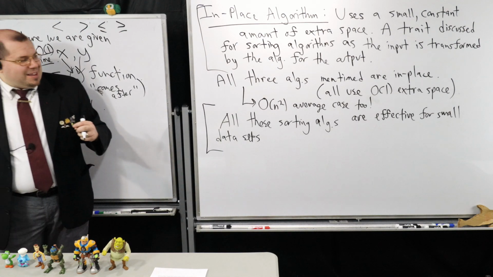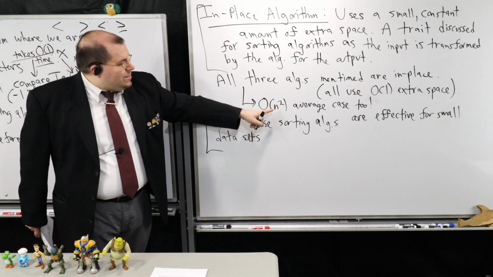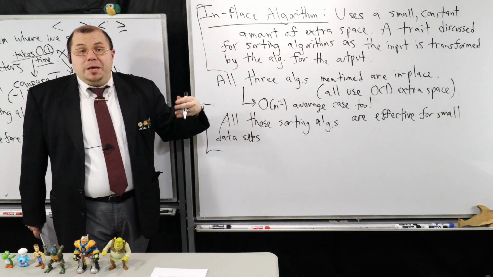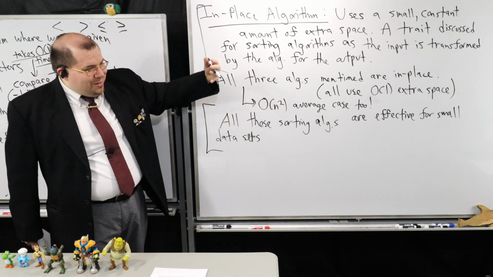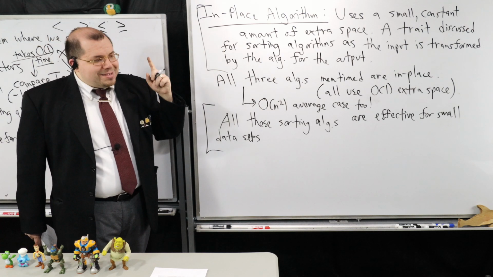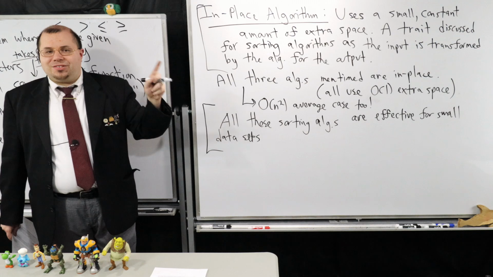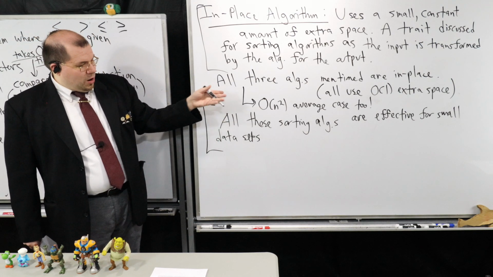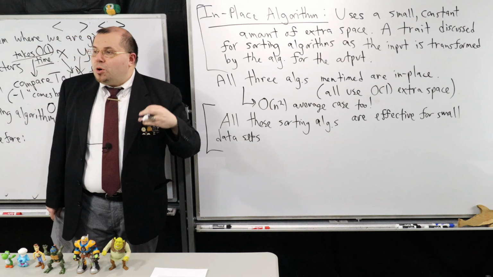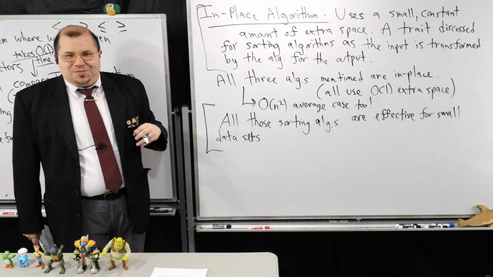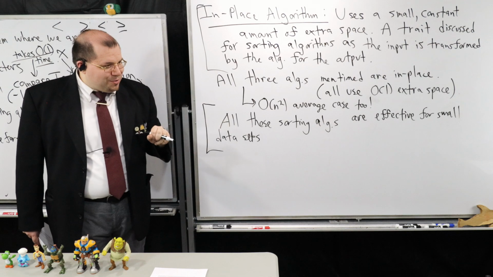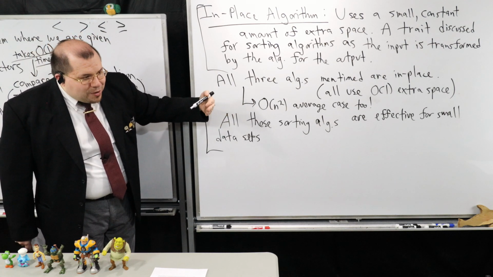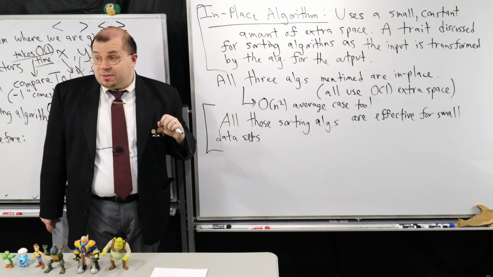What about big data sets? Now notice that the running time is quadratic. So as the input gets bigger, it's going to scale quadratically. Now I'm going to tell you up front that we have actually faster algorithms, asymptotically speaking, from our complexity standpoint, that will be able to achieve better running times. And I'm going to be showing you 2 such algorithms. So when you have smaller inputs, these algorithms have some advantages.